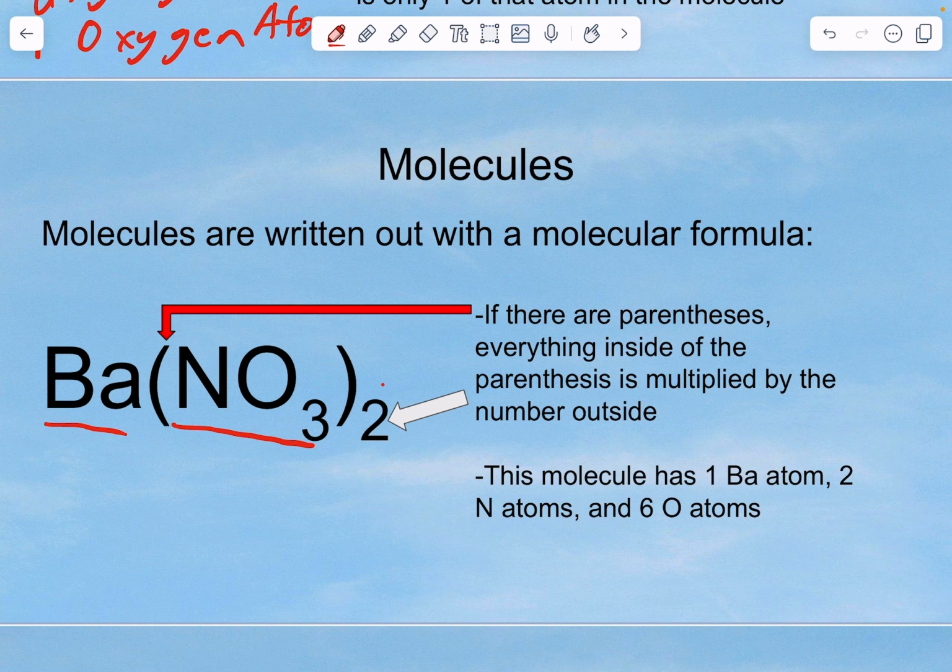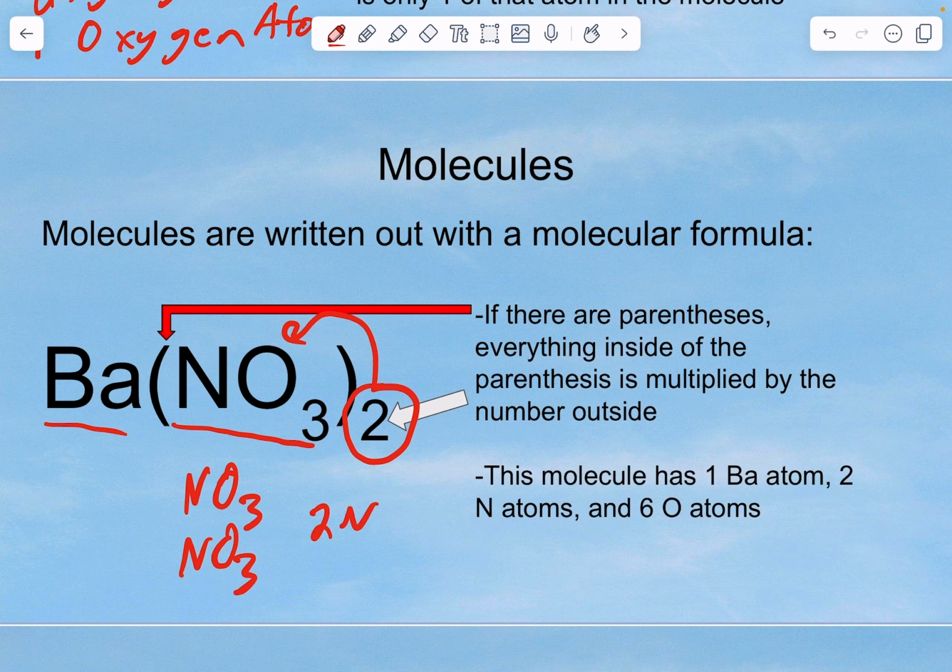Now if there's a number outside the parentheses, in this case 2, that means there are 2 of everything inside the parentheses. So there's not 1 NO3, there's actually 2 NO3s, which means there's not actually 1 nitrogen, there's 2 nitrogens and 6 oxygens.